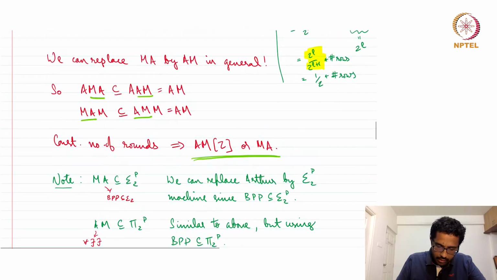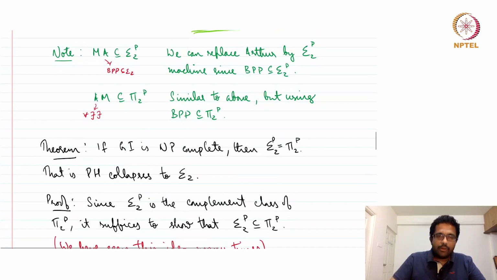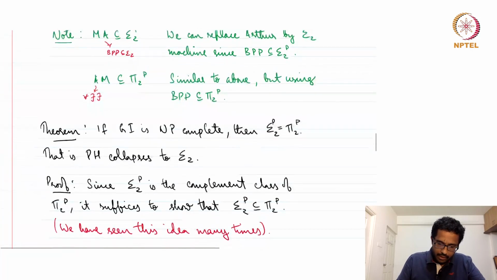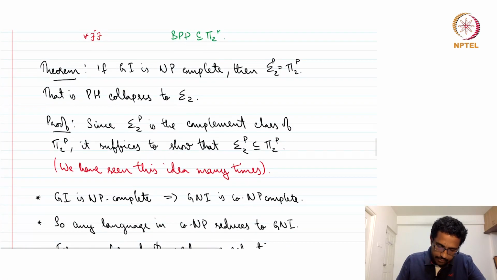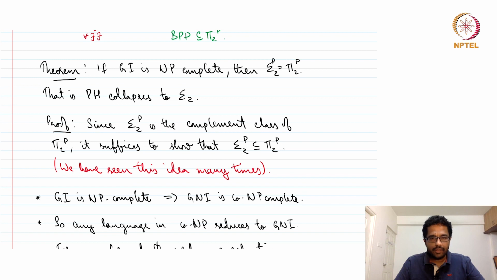Now the final thing of this lecture is something that we had referred to when we talked about graph isomorphism. We had stated graph isomorphism as a candidate language that is NP intermediate.